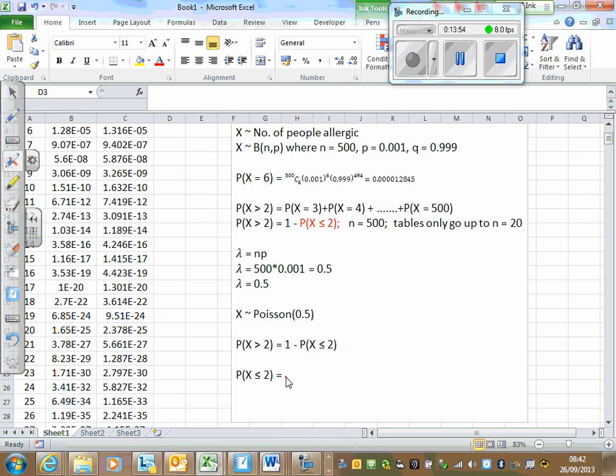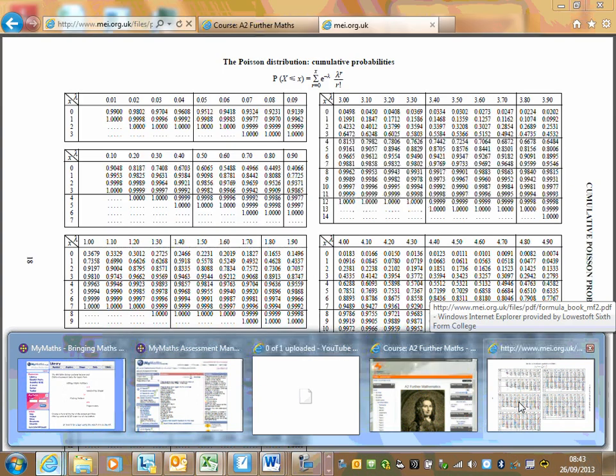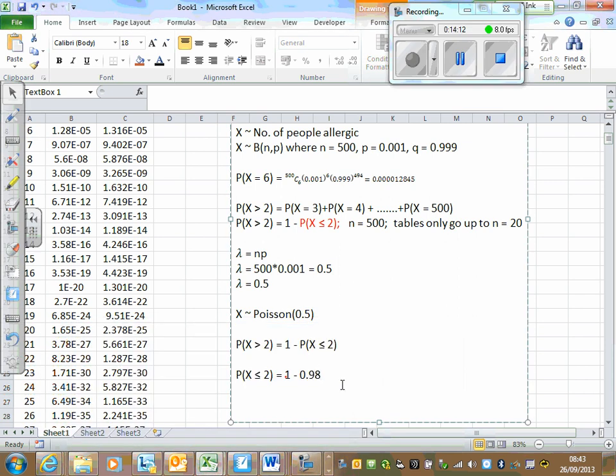So it's going to be, let's get rid of the pen. This is where my computer usually breaks. 1 minus 0.9856, which is equal to, on the calculator, 0.0144.